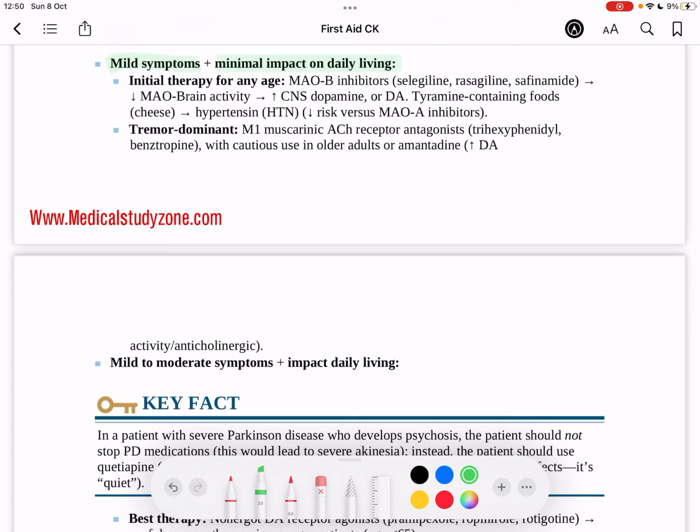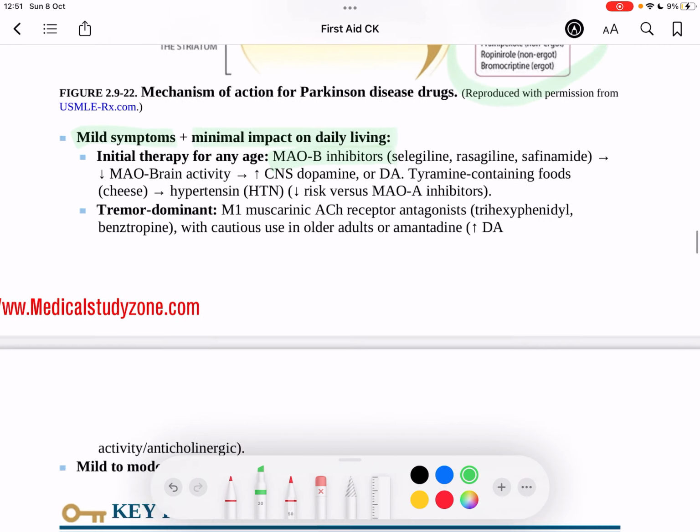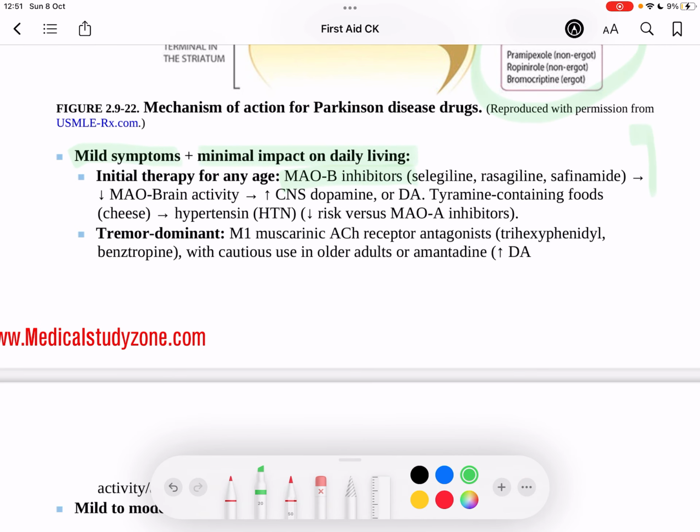We want to start instead with a monoamine oxidase inhibitor, so selegiline, rasagiline, for example. That's going to decrease the breakdown of dopa and dopamine in the CNS, and therefore increase endogenous dopamine, all right?